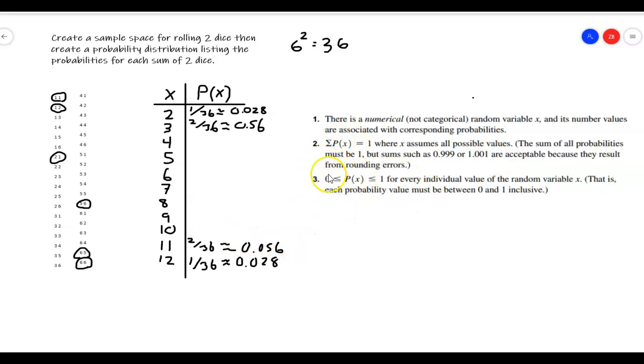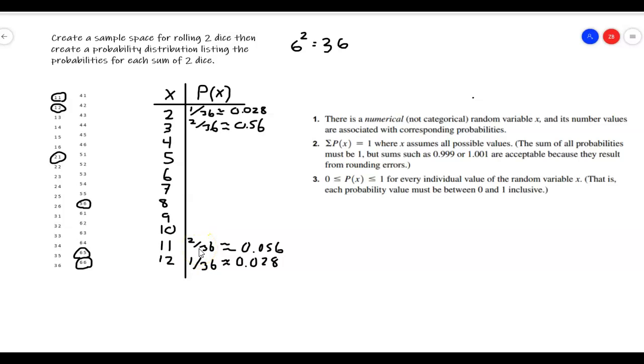And the last thing is that every probability, for every individual value of the random variable x, so all of these values here, all have to be between 0 and 1. So you can't have any negative values. Notice none of these are negative. And we can't have any values that are greater than 1 either. So you can't have anything like 37 over 36, which is greater than 1.